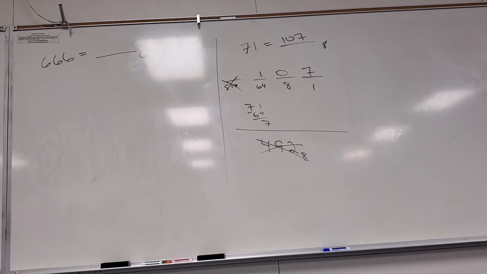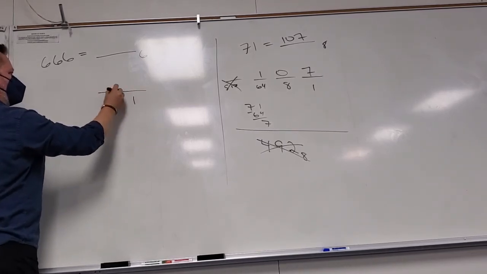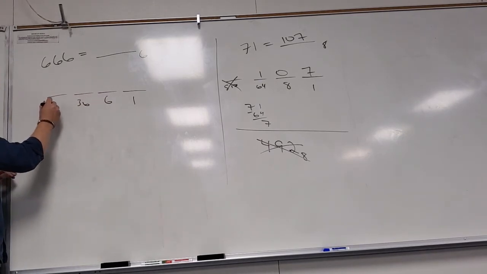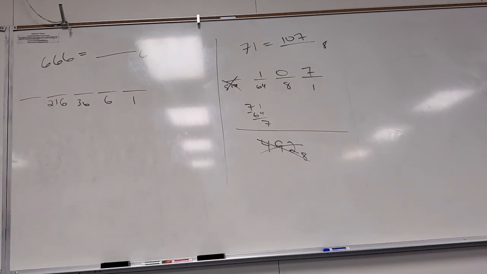What are the places? 1, 6, 36, 216, and then multiply by 6 again, I think it's 1296, right? Maybe, something like that. And that's obviously too much.